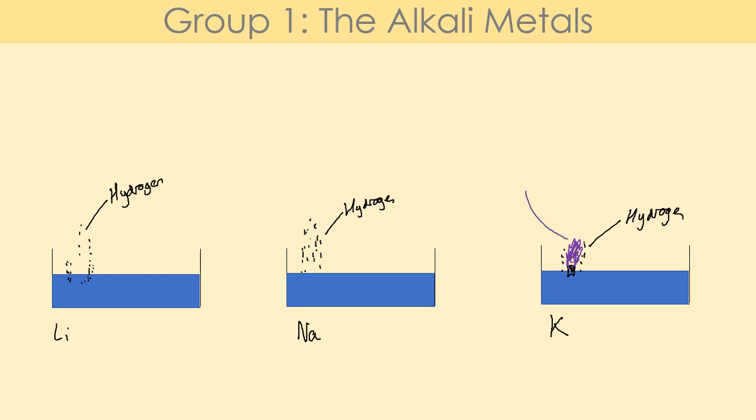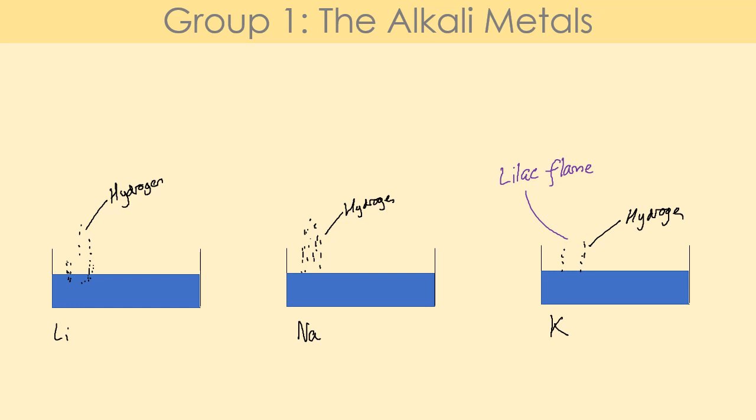This is because the reaction has happened so quickly, our temperature has increased, and we've managed to ignite some of the hydrogen, and it burns with the potassium, forming a lilac flame. And again, it will disappear. It's then all completely reacted.